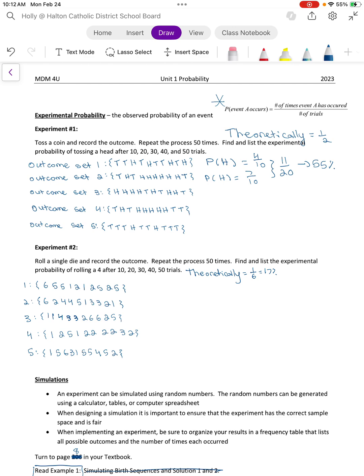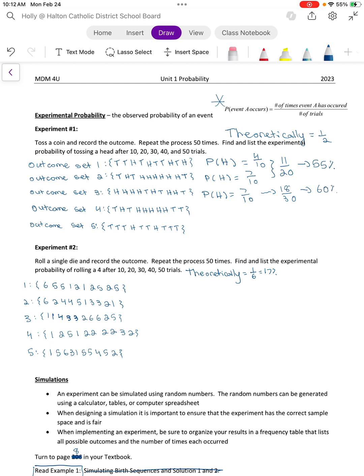If I go on to set 3, the probability of heads is 1, 2, 3, 4, 5, 6, 7, 7 out of 10. So I'm going to continue to add these up to show you the law of large numbers. And so now I have 11 plus 7, so I'm at 18 out of 30. I'm at about 60%.